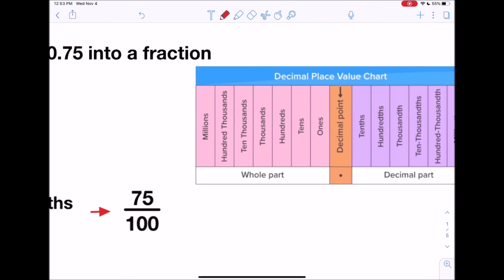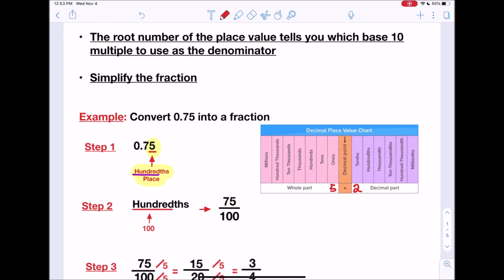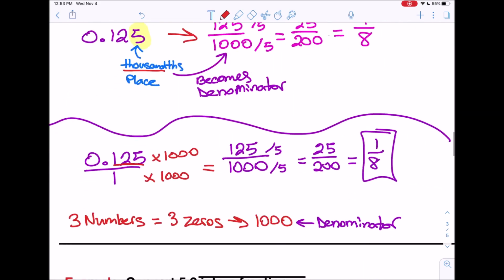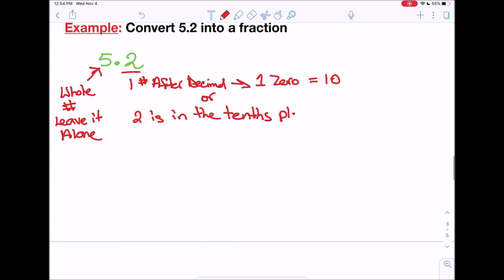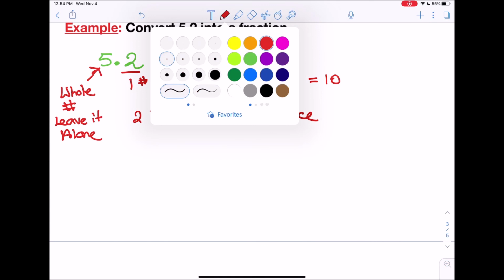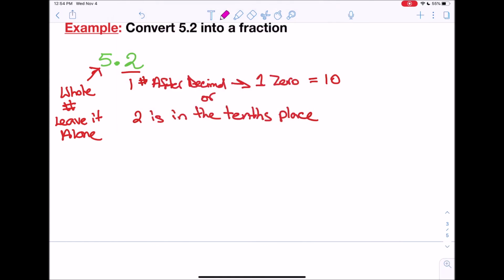If I were to write 5.2, 2 would be in the tenths place. The root word of tenths is 10.